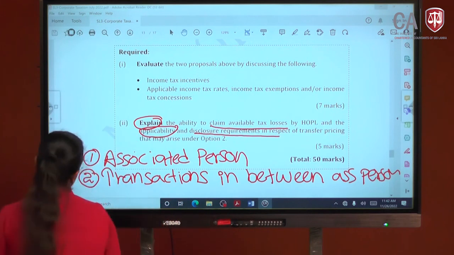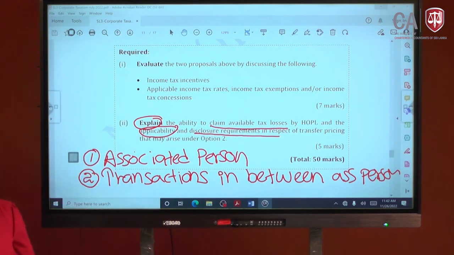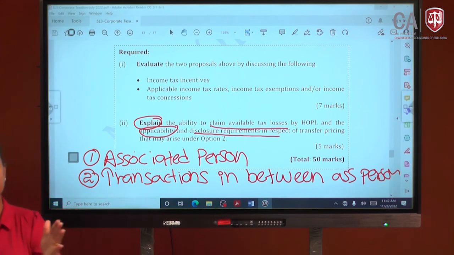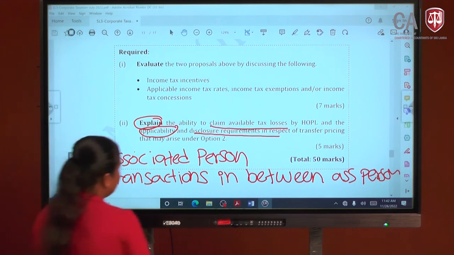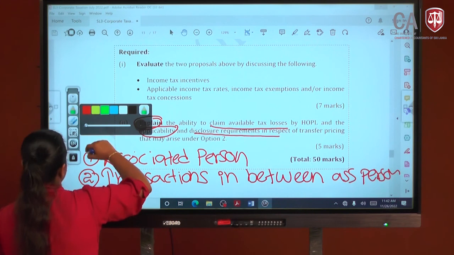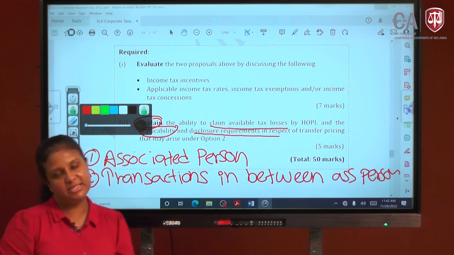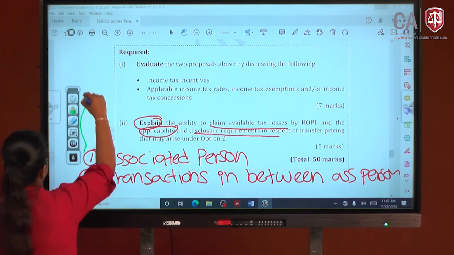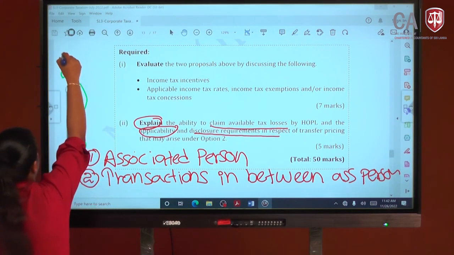Even if there are associated persons and transactions in between associated persons, we cannot say there is application of transfer pricing. To come up with the application of transfer pricing, according to the Gazette, in the regulations, there are 3 requirements to be satisfied. What are the 3 requirements?